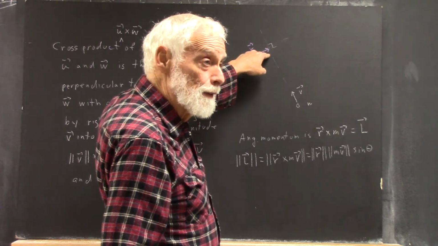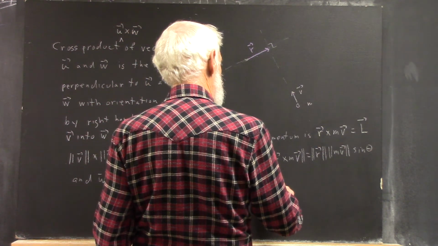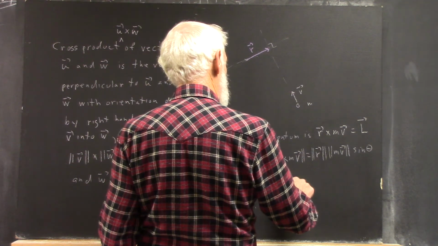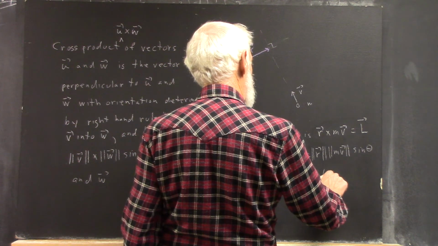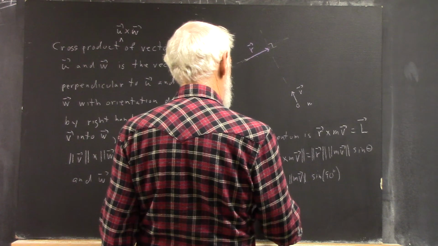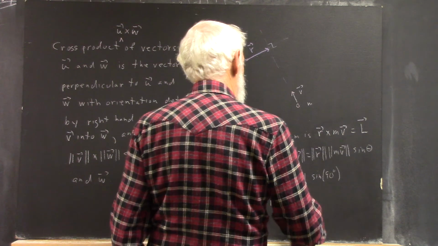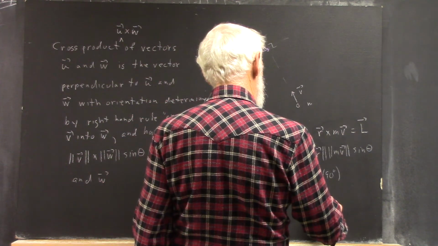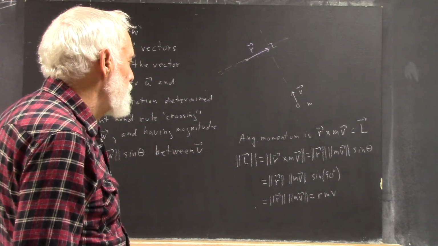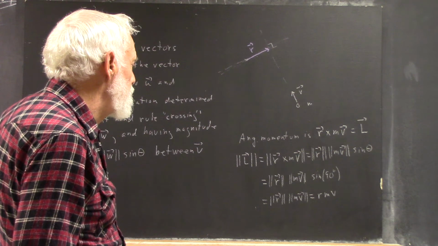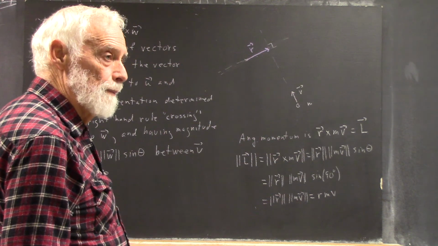Well, that's a right angle, isn't it? So the magnitude of L is just R times MV.